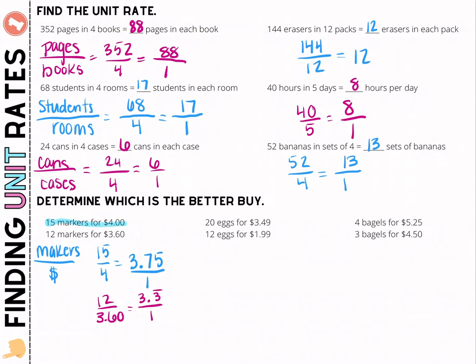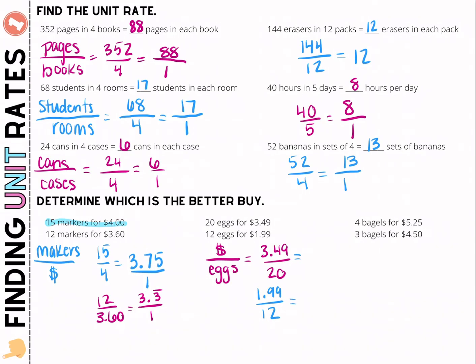Okay, so then 20 eggs for $3.49. So if you wanted to know how much is one egg going to cost me, then you're going to do money over the eggs. Okay, so that would be $3.49 over 20, and $1.99 divided by 12, and you're just going to type these in your calculator.